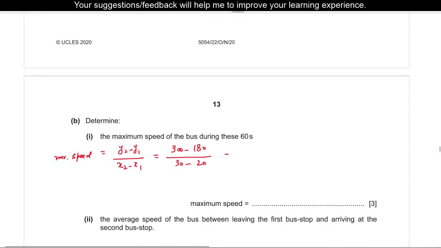If you calculate it, it will be 12. So our answer will be equal to 12 meters per second, because the distance is given in meters and time is given in seconds in the graph. So our answer will be in meters per second.